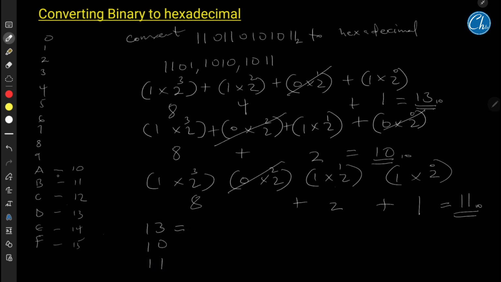Now 13 in hexadecimal is D, 10 in hexadecimal is A, 11 in hexadecimal is B. So therefore the equivalent value for 110110101011 base 2 is equal to DAB base 16.